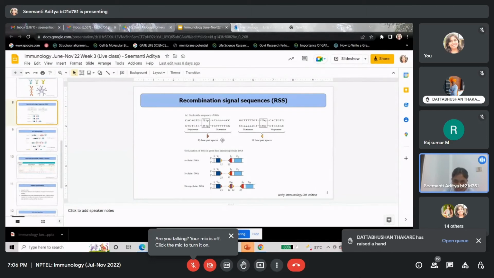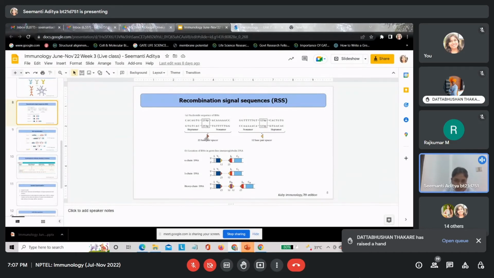After recognizing these sequences, there will be random addition of nucleotides in between the two segments. Between the heptamer and nonamer we have the spacer sequence, that is 23 base pair or 12 base pair, right?